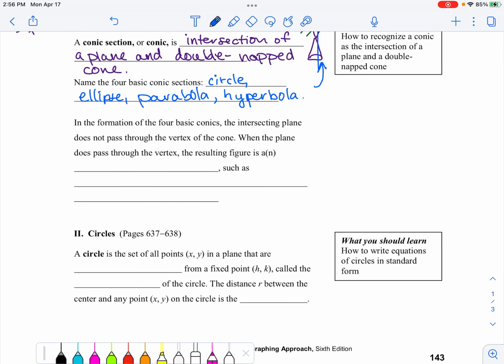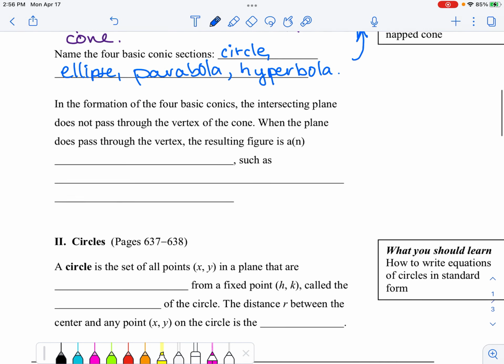So in the information of the four basic conics, the intersection plane does not pass through the vertex of the cone. When the plane does pass through the vertex, the resulting figure is called a degenerate conic, like a point. So if I cut right through that very tip, it'd be a point.